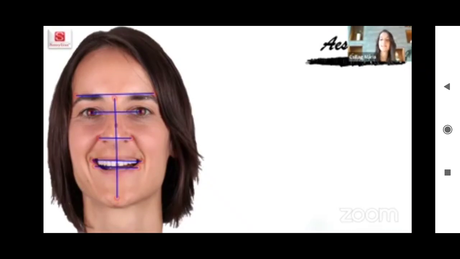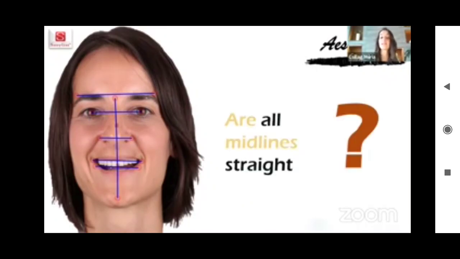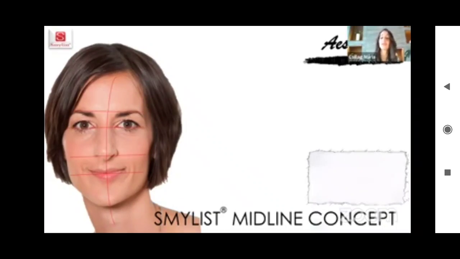So if you see my face and try to place the lines, glabella, tip of the nose, philtrum and pogonium point, you can realize that all the lines are not parallel to each other, and my midline is not straight. If I place the right midline and draw the line that you can really get from my face, you will realize that my midline is not a slope one, but a curved one.